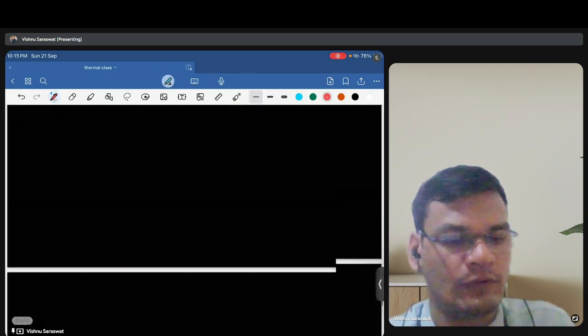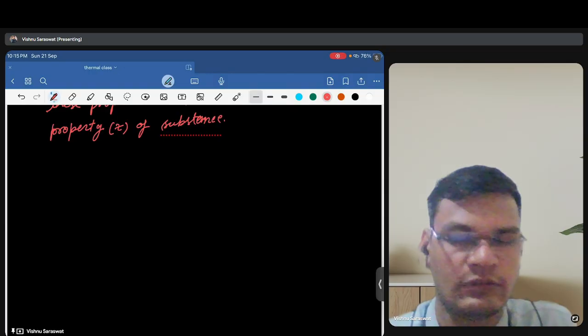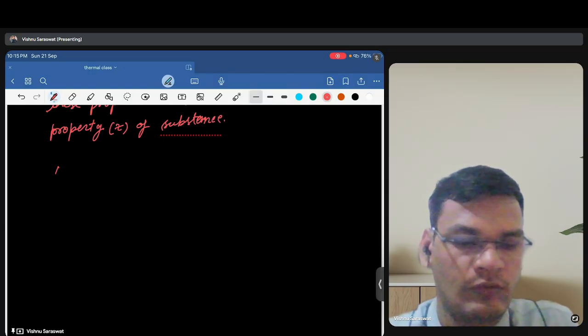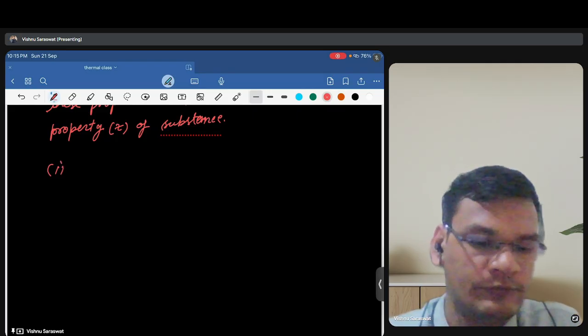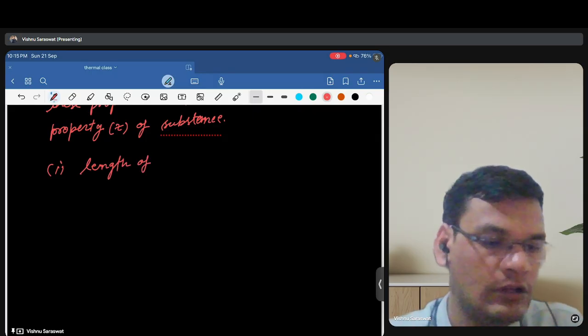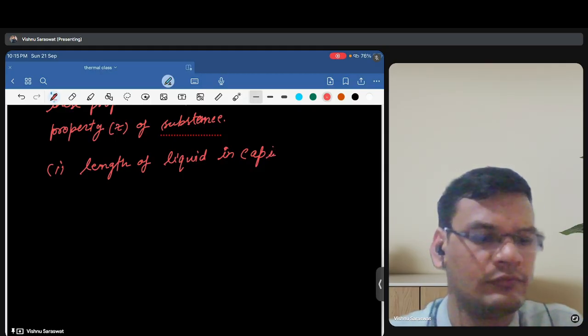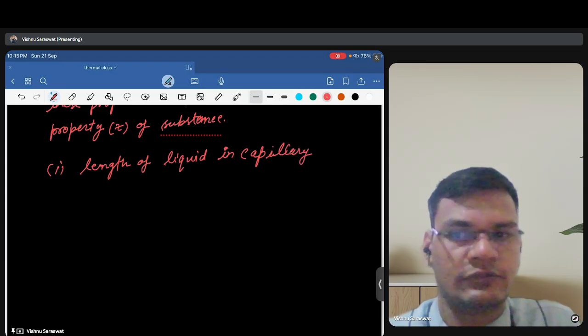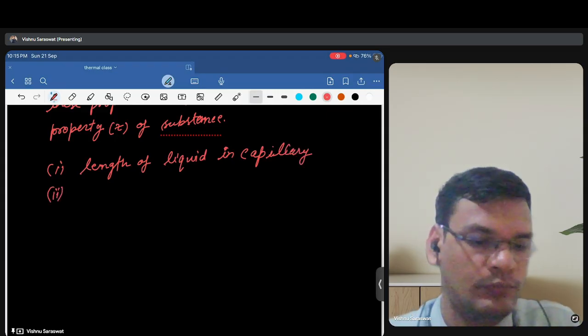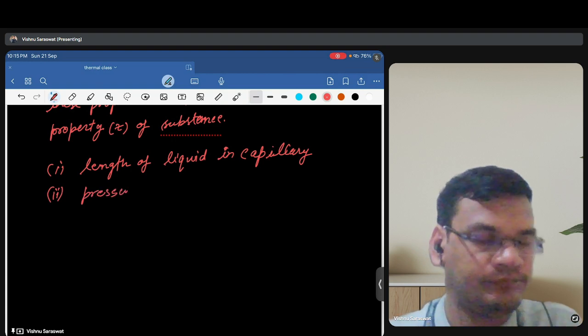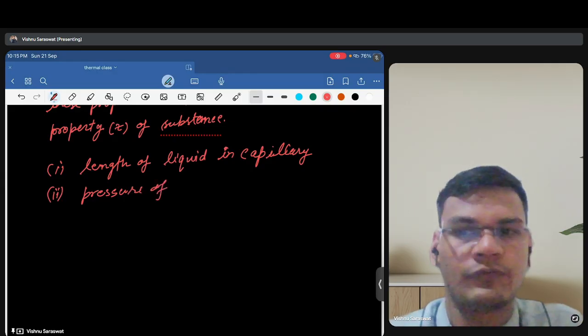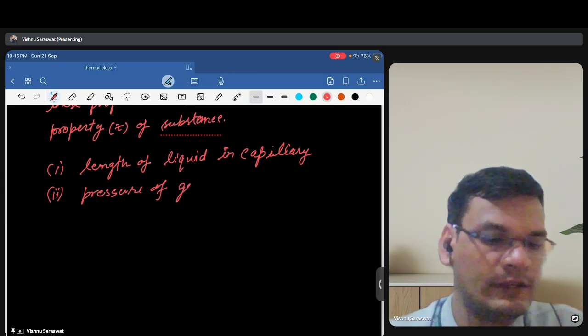So here the first thermometric property is length of liquid in capillary. You can write capillary. The second is pressure of the gas at constant volume.